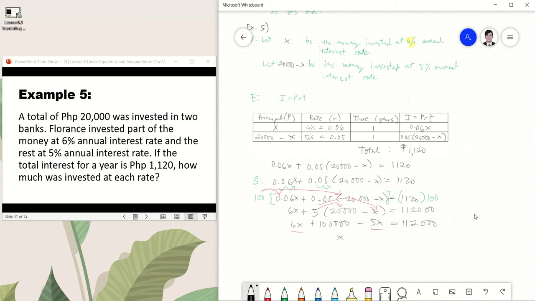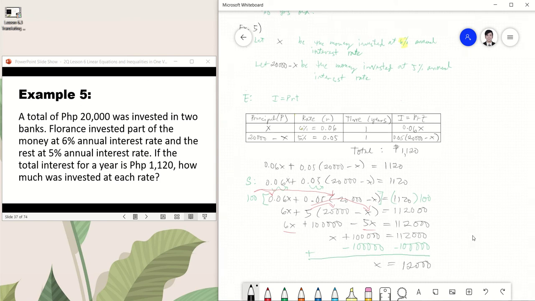So, x plus 100,000. Then finally, we just have to add negative 100,000 in both sides to isolate the x. So magiging 0 na ito. X na lang yung matitira. 112,000 minus 100,000 is 12,000.